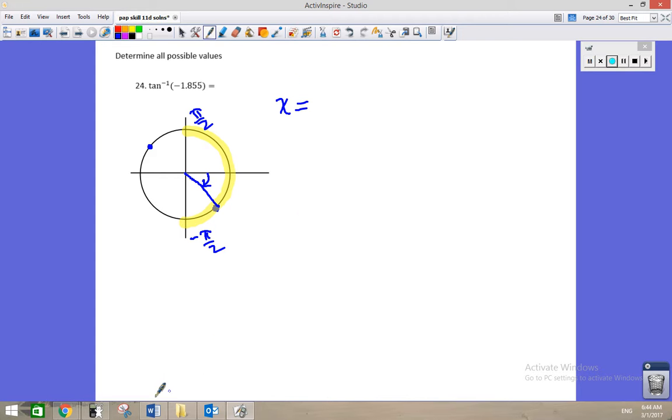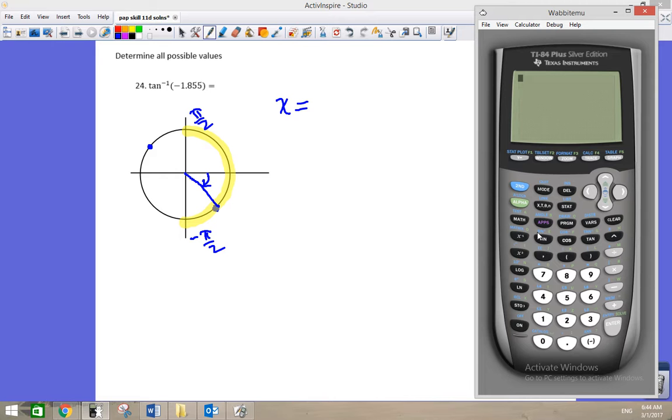So if I go inverse tangent of negative 1.855, it comes back with this negative value. Now this time, it's not saying that it wants all possible values. It's not saying I have to be bigger than 0.